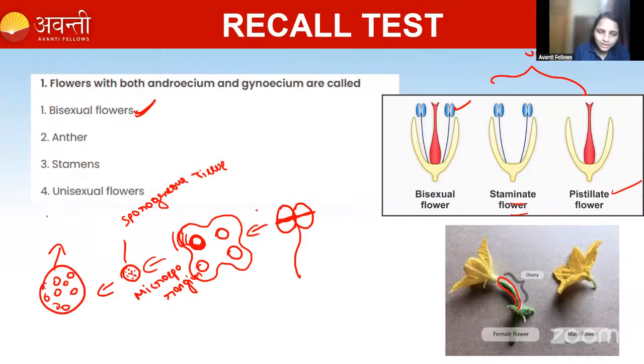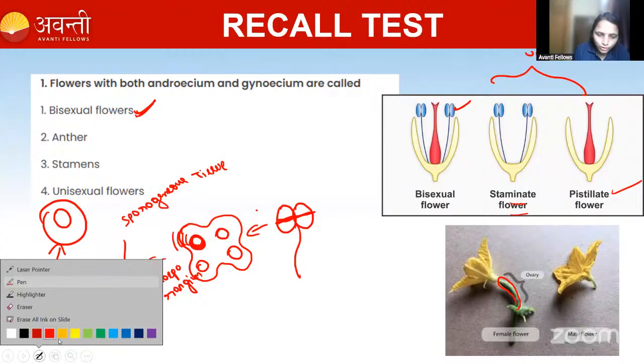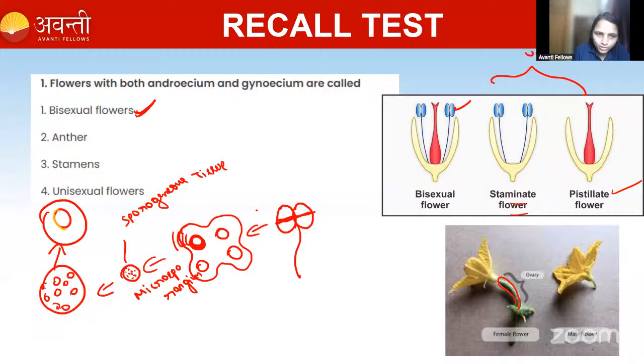In these cells, one of the cells is going to mature. One of the cells is going to be differentiated. One cell, for example, you can take this cell, is going to be differentiated into the microspore mother cell. This microspore mother cell is diploid, and all the other cells are also diploid. Did you understand this? This much, did you understand?